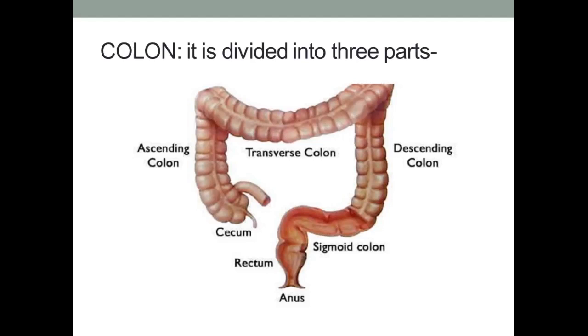It helps to absorb the remaining water and other key nutrients from the indigestible material, because indigestible material should be transferred to the rectum and thrown out of the body through the anus. So it helps to absorb the water and nutrients from those materials, and it solidifies it to stool.